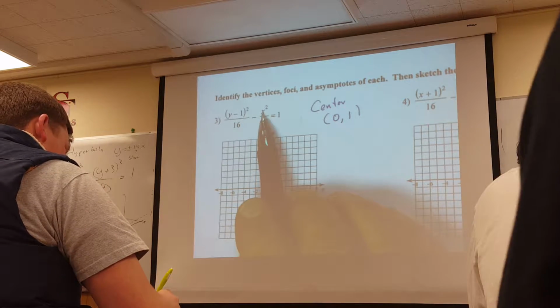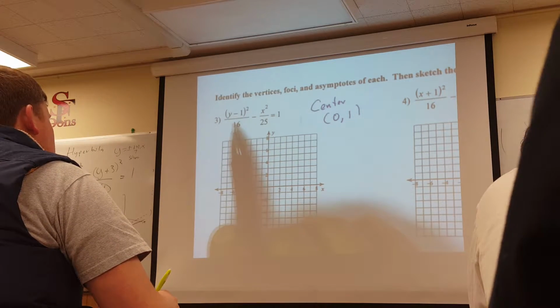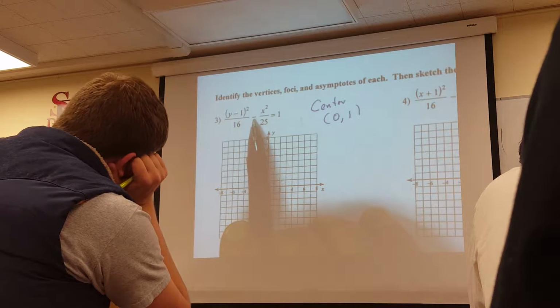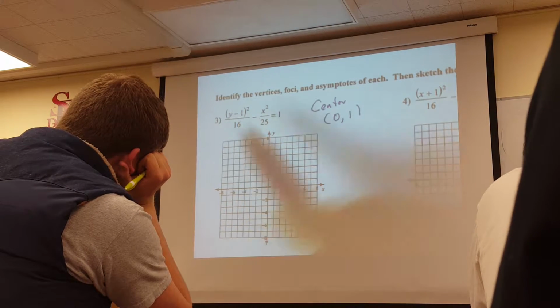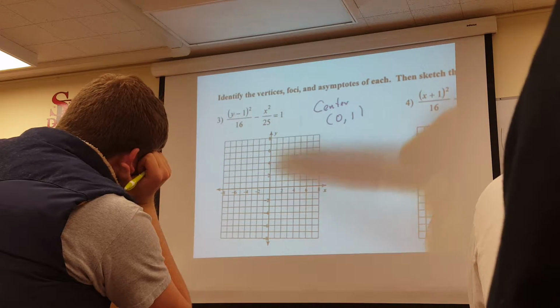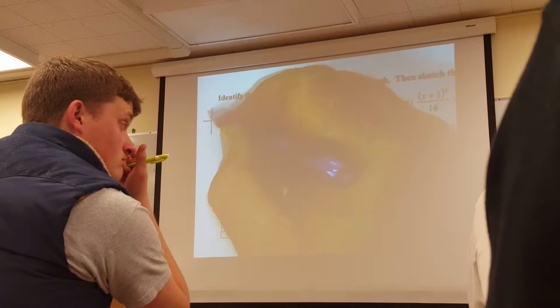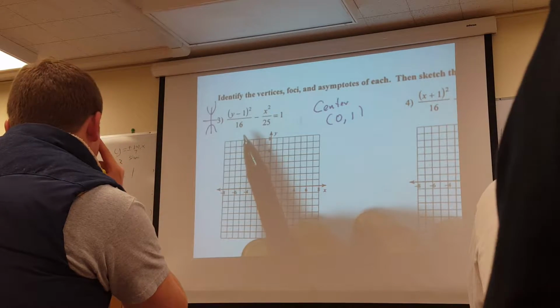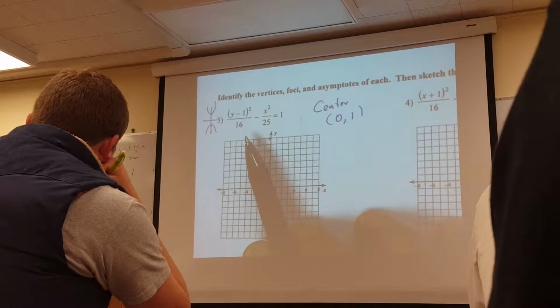Now, remember when the y is the one that's positive, minus the x, okay, then the two vertices go up the y-axis. So it's going to be going up and down like that, when the y is positive.